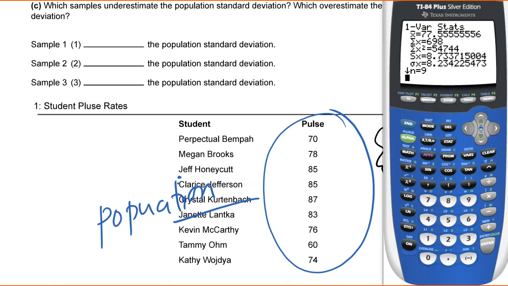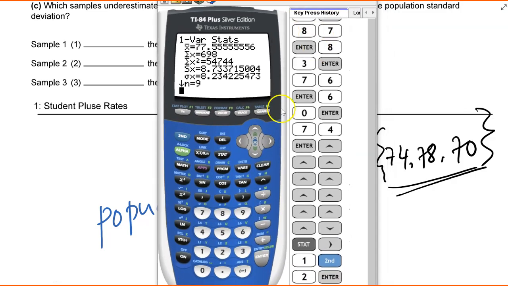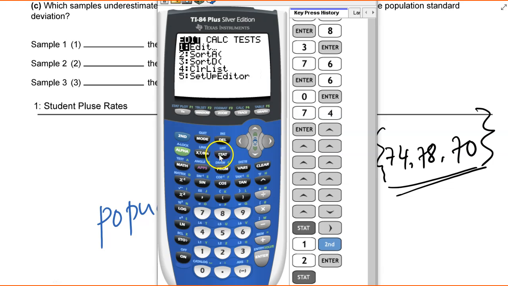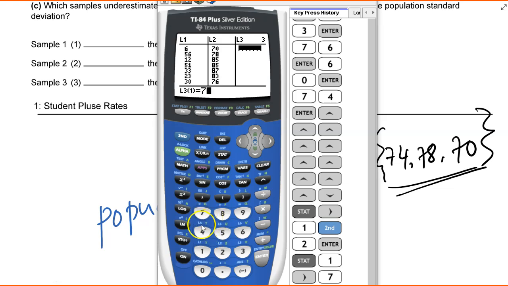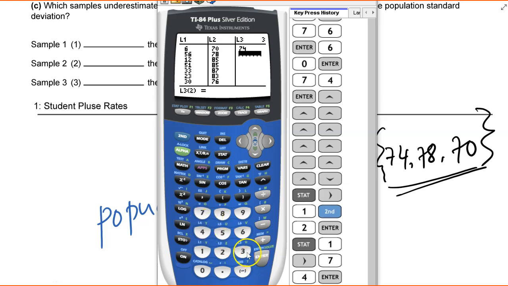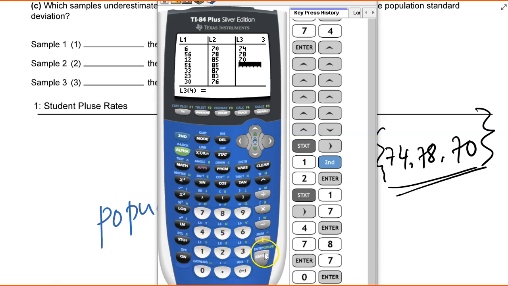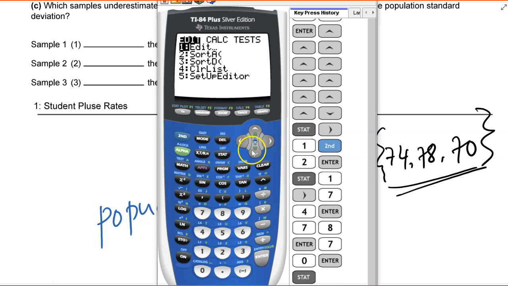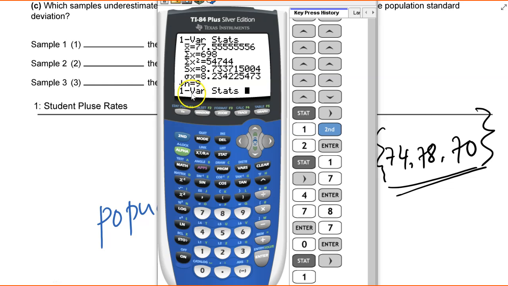As you did before, go to the calculator, press stat. That's what we do every time, to put the data. Number 1, and I can put it in L3, doesn't matter. 74, 78, and 70. Okay, now to find the sample standard deviation, you go to stat and select calc using the right arrow button, and number 1, which is 1-Var Stats.